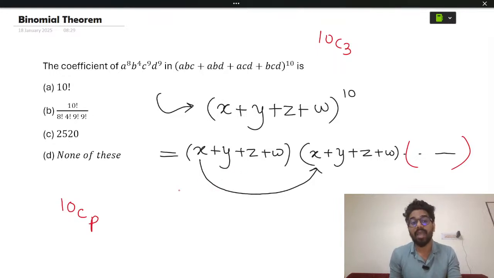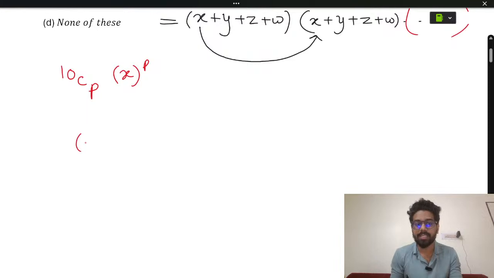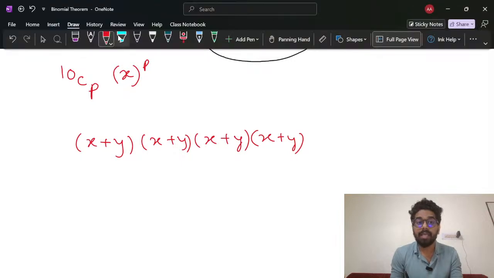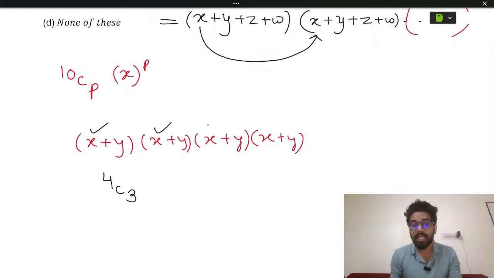So x into x into x, p times. One more example to understand this. For example, if we have (x + y) into (x + y) into (x + y) into (x + y). Now if I say that out of 4 factors, select any 3 factors, and from these 3 factors take only x, this will become x cube.